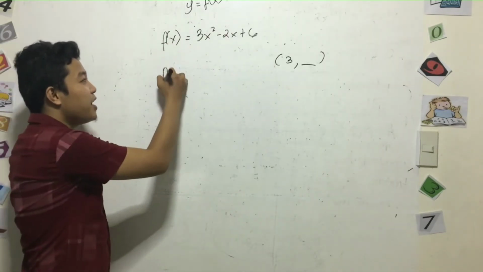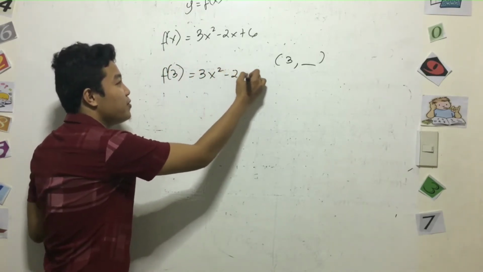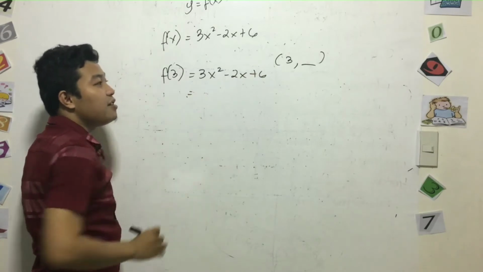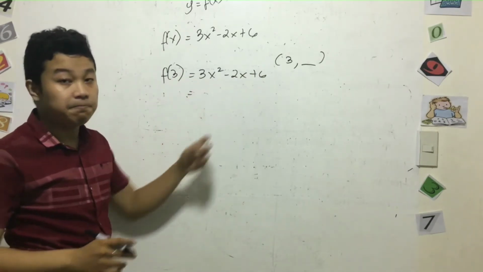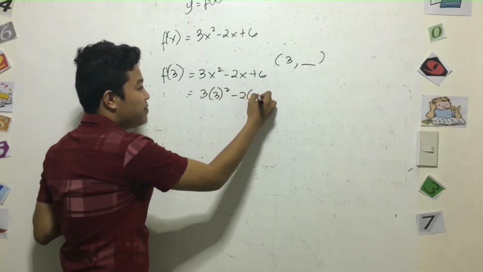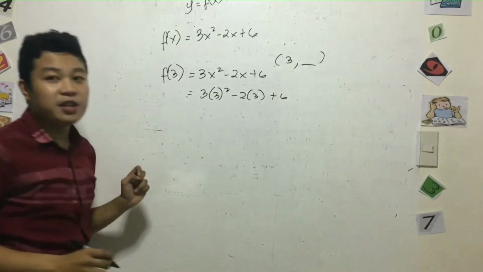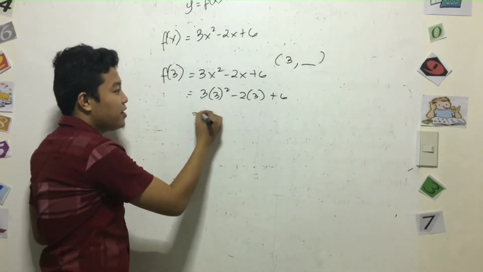Okay? So, this will become f of 3 is equal to 3x squared minus 2x plus 6. And then, we just need to change all x's with 3. So, we have 3 times 3 squared minus 2 times 3 plus 6. Following the PEMDAS rule, exponent muna. So, 3 squared, that's 9.